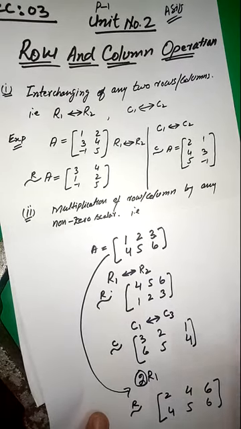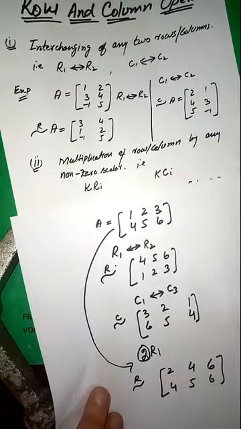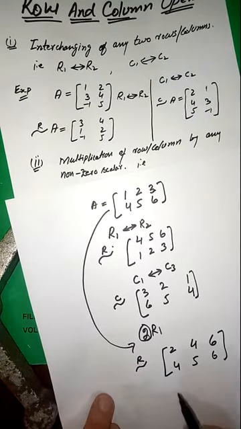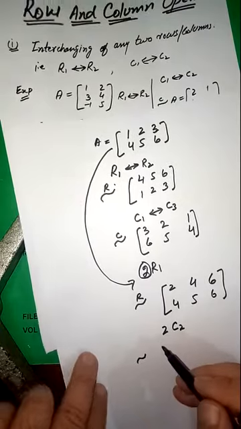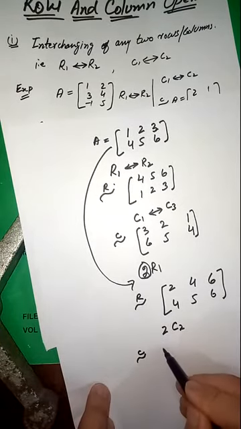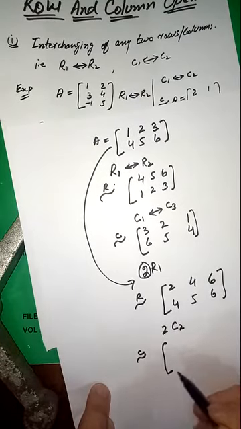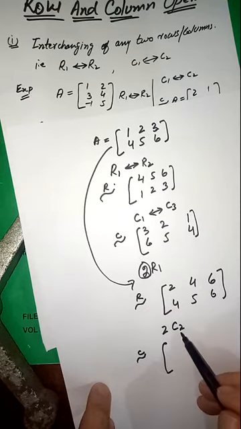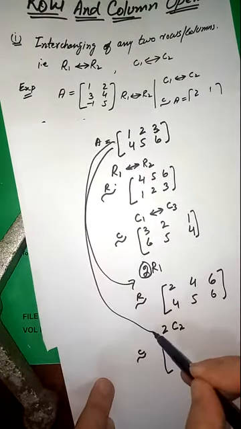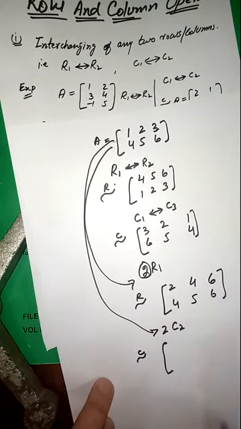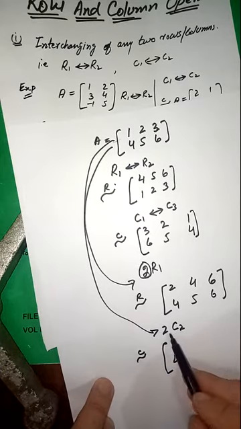Or we can also say that if we want to find 2C2, that is a column operation now. We multiply 2 with column number 2. Look at column 1, no change in column 1, and we multiply 2 with column 2.